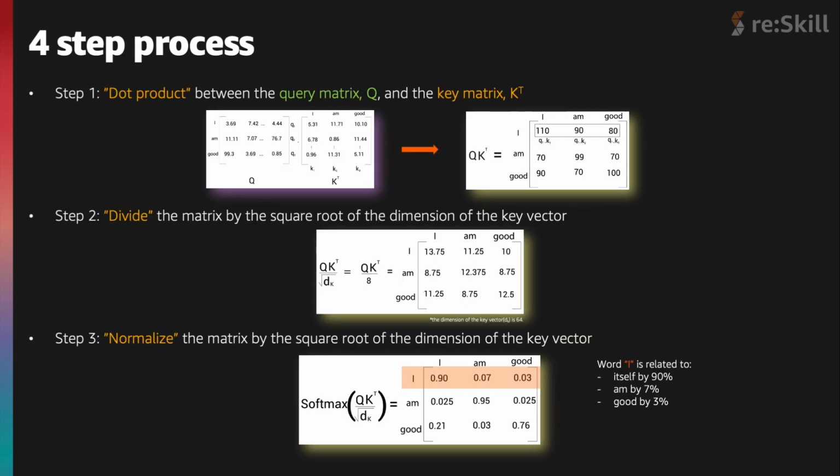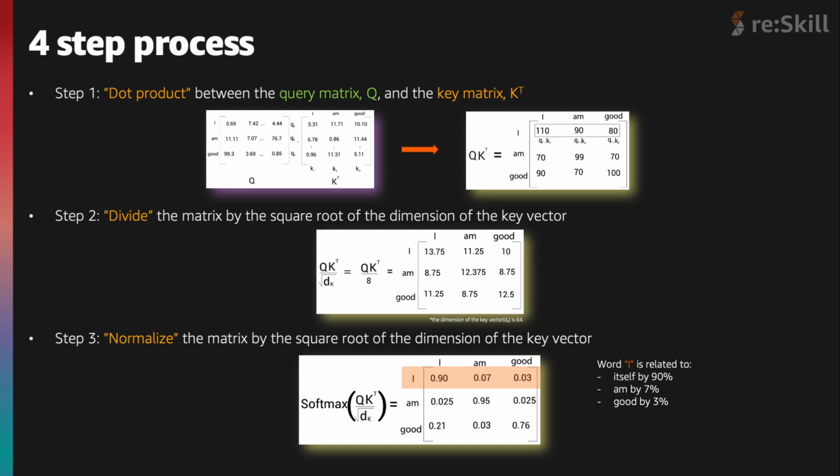In the first step, we compute the dot product between the query matrix Q and the key matrix K, as we can see here. Computing the dot product between 2 vectors tells us the similarity between these 2 vectors. In step 2, we divide the resultant matrix by the square root of the dimension of the key vector. This is useful in obtaining a stable gradient.